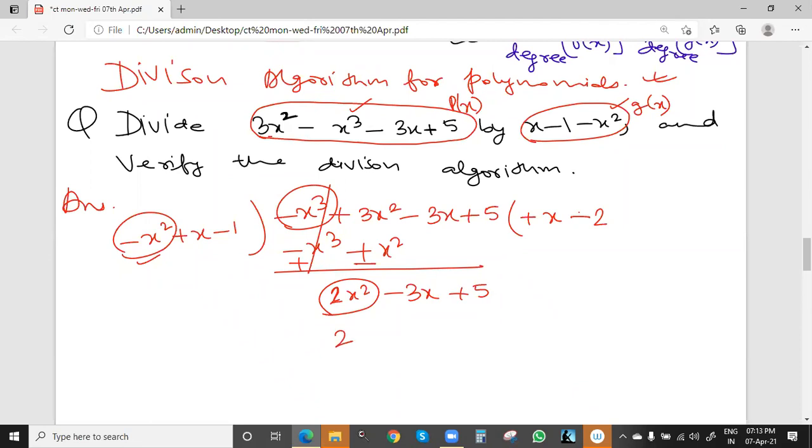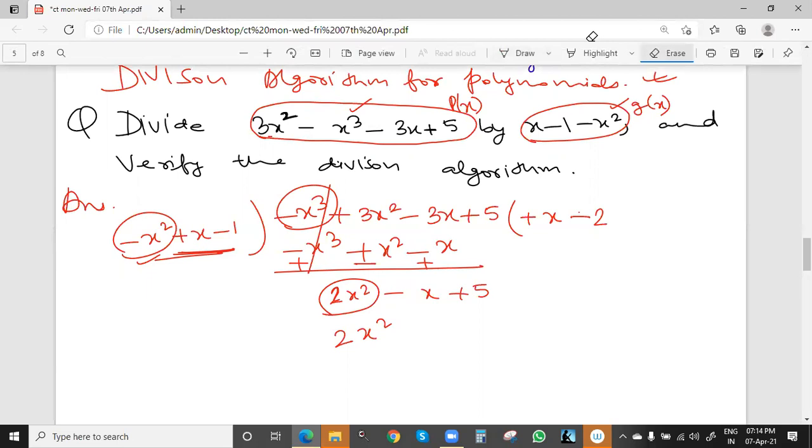Minus x square into minus 2 will give 2x square, and for the remaining values we'll multiply too. One second. Then 3x, we will multiply all the 3 terms. X is multiplied with minus x square, then minus x cube plus x square minus x. So this value will be minus 3x plus x, which is minus 2x.